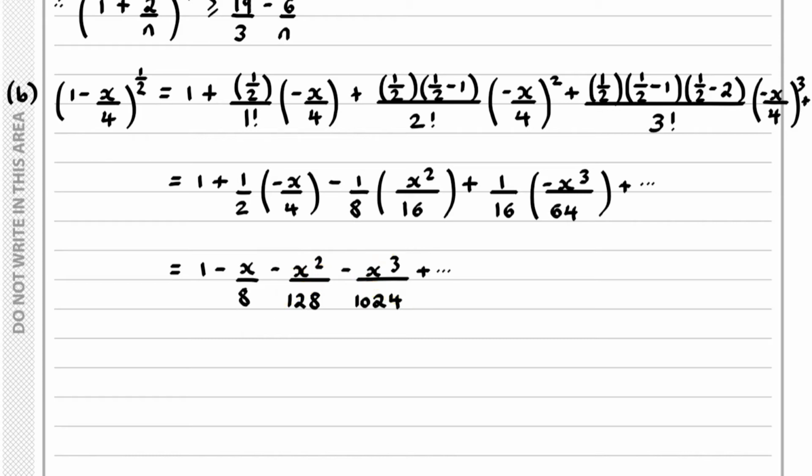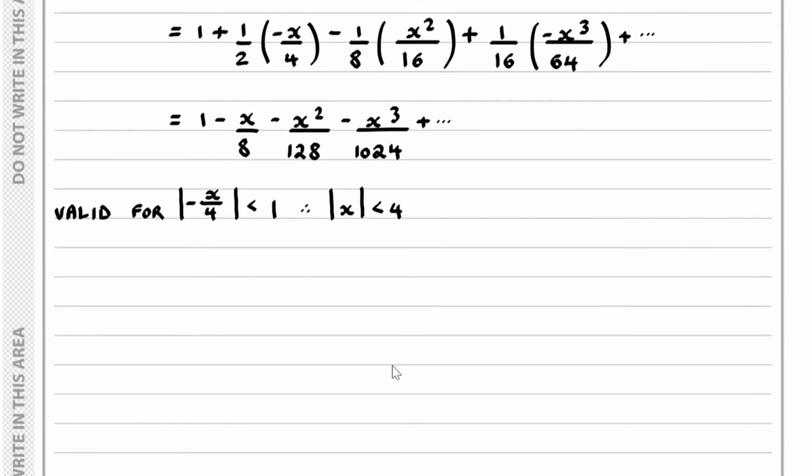Now, before we do anything else, we can see that the expansion is valid for the mod of negative x over 4 being less than 1. In other words, the mod of x is less than 4.